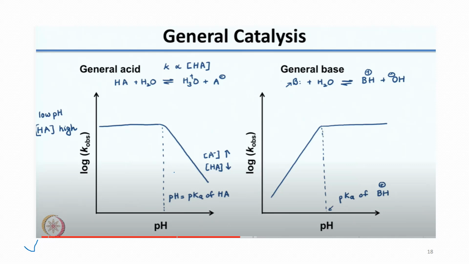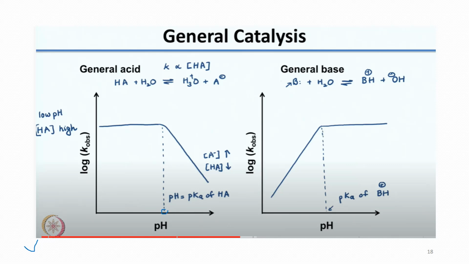But after the pK of the acid, the point where the acid starts to dissociate, with enhancing pH the dissociation of the acid will decrease because the pH is increasing. So that's why the reaction rate will decrease.